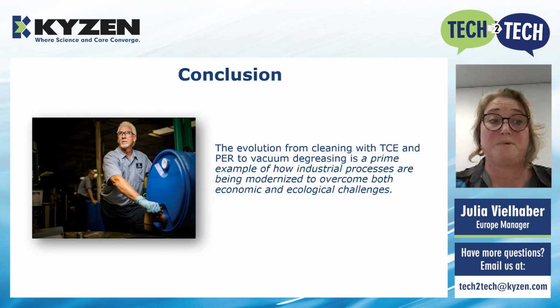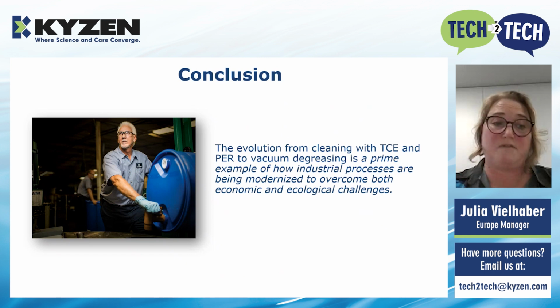The evolution from cleaning with trichloroethylene and perchloroethylene to vacuum degreasing marks really a significant advance in industrial process optimization. This change was primarily driven by increased environmental and safety awareness, as well as technological innovations.